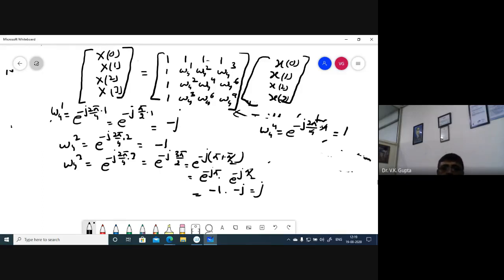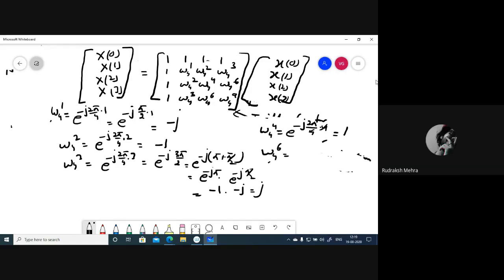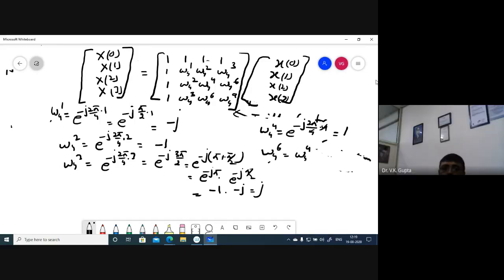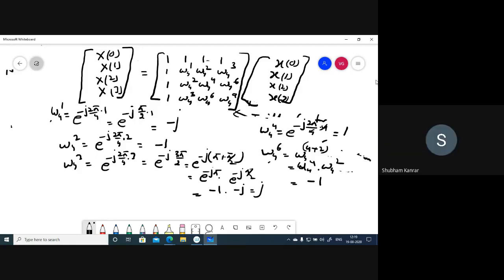Similarly, W46 is W44 plus 2, that is W44 into W42. What is the value of W44? 1, and W42 is minus 1. So this is minus 1. Is it okay? Yes, sir.